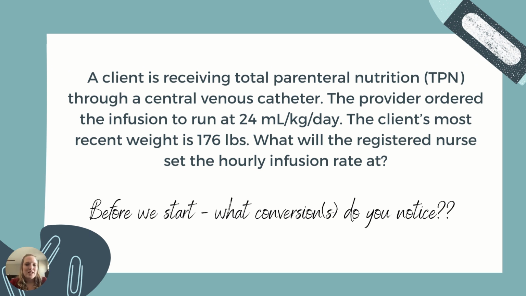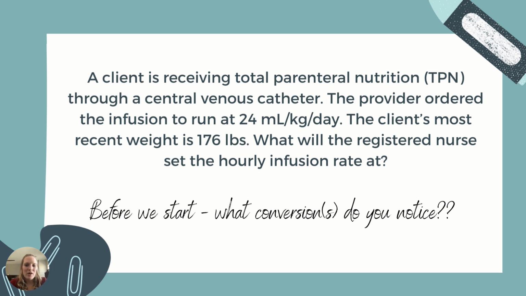First, we're going to need to convert their weight from pounds to kilograms and figure out the dosage per day. Then we need to solve for that hourly infusion rate. So before we do this whole question, let's first determine that weight in kilograms. Remember I said earlier, 1 kilogram is equal to 2.2 pounds. So we can just divide his weight of 176 pounds by 2.2 to get what? 80 kilograms.